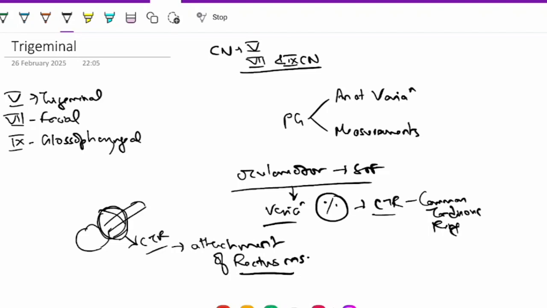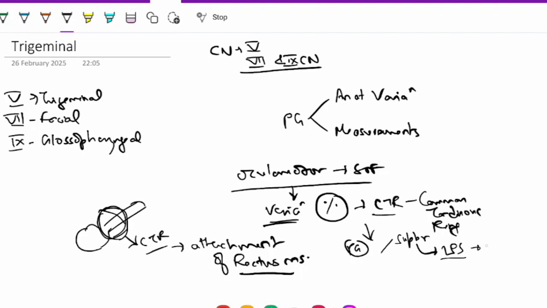But I'm just giving an example that these variations are very important, firstly. Secondly, what is important for a postgraduate is, let's say we are talking about the oculomotor's superior branch, which supplies your LPS, that is levator palpebrae superioris.